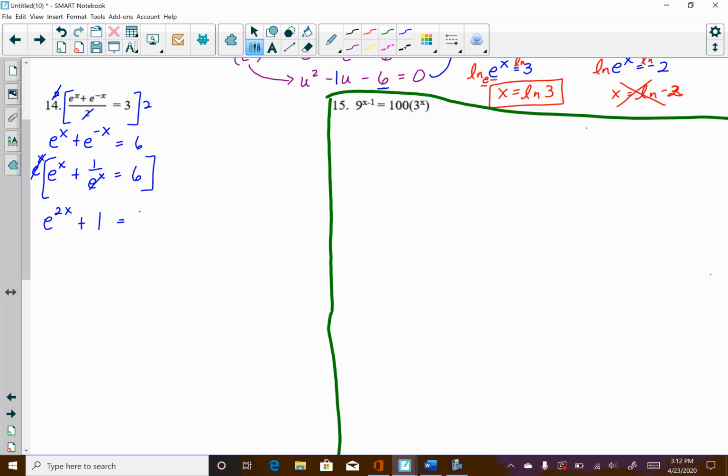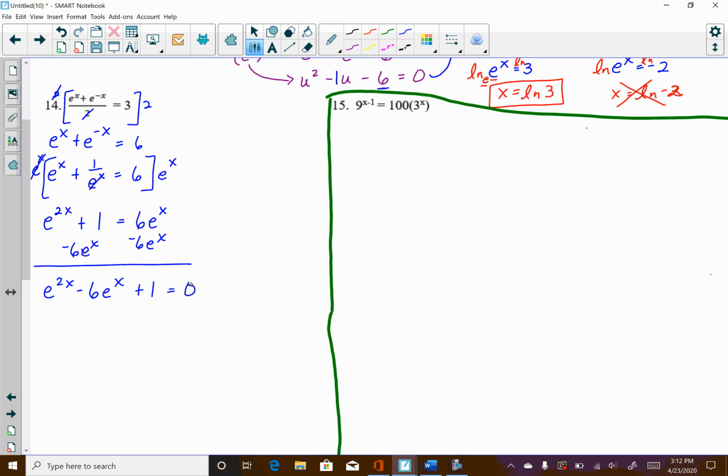And then 6 times e to the x is 6 e to the x. I want to get it all on one side, so I'm going to subtract my 6 e to the x. So now that leaves me with e to the 2x minus 6 e to the x plus 1 equals 0.